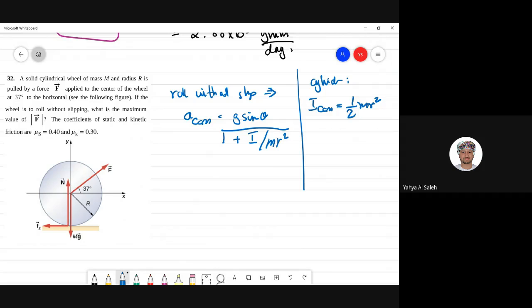So I will substitute that, and I will get A COM equals G sine theta times 1 plus half mr squared divided by mr squared. The mr squared cancels. 1 plus half is 3 over 2, which means I get 2G sine theta over 3, which is really, really simple.